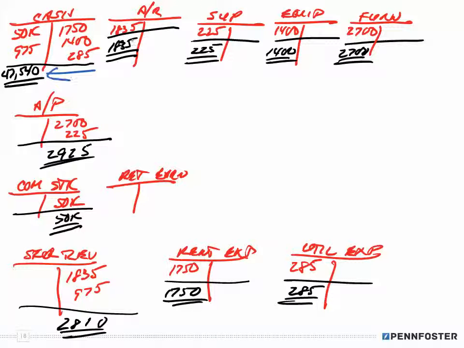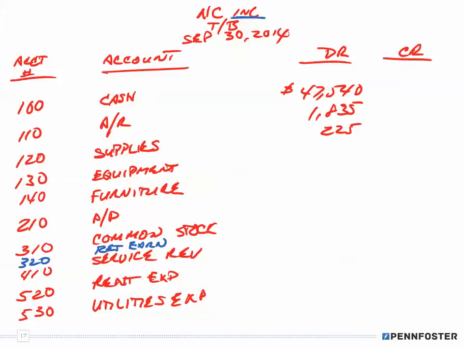There's my balance for cash. There's my balance for receivable. There's my balance for supplies. 1,400 for equipment. 2,700 for furniture.